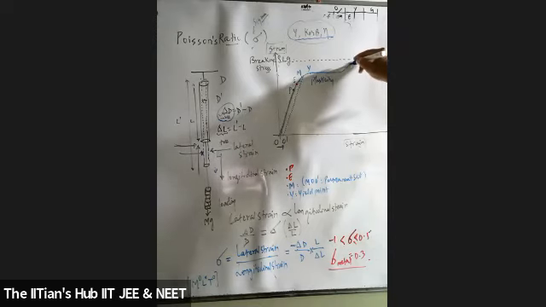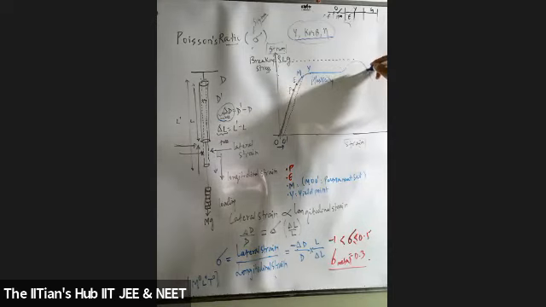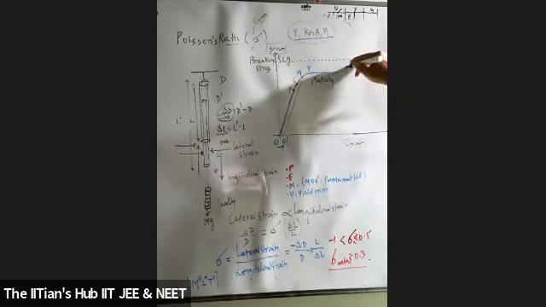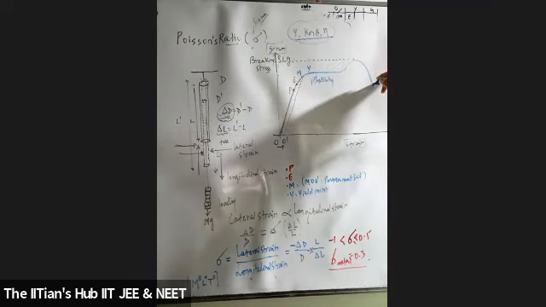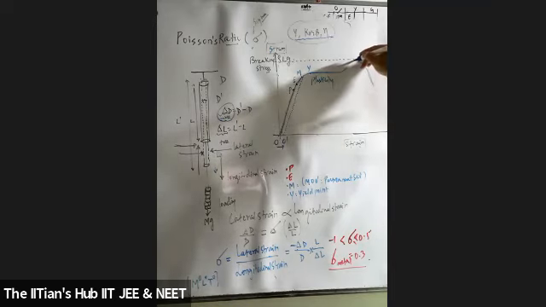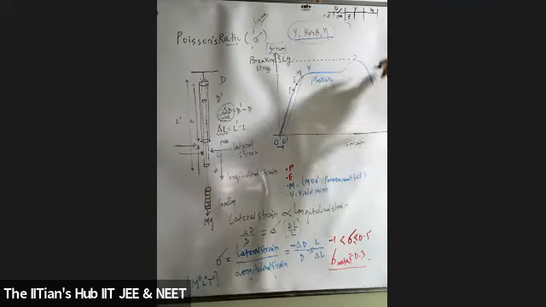The wire will not undergo any kind of change. We consider the wire will simply undergo a permanent set, and finally at a particular point, this is called the breaking stress, and this we consider as the fracture point.